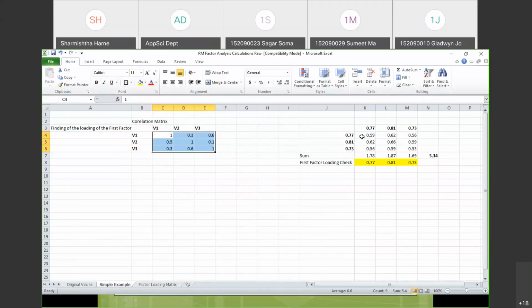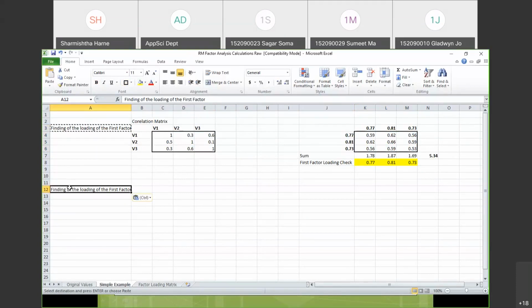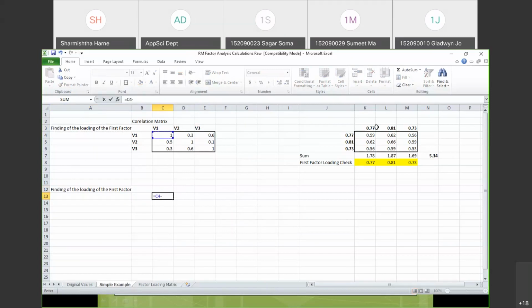So for second factor, how do we calculate the initial matrices? We subtract these values. So here, let me start with here. So here it will be 1 minus what we got here.